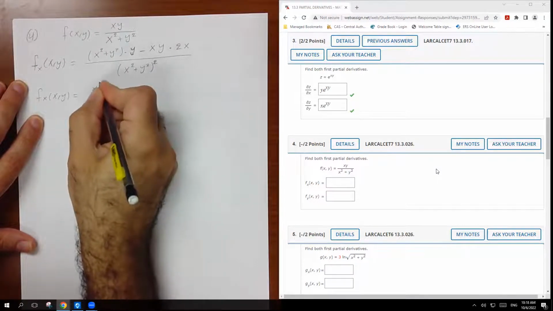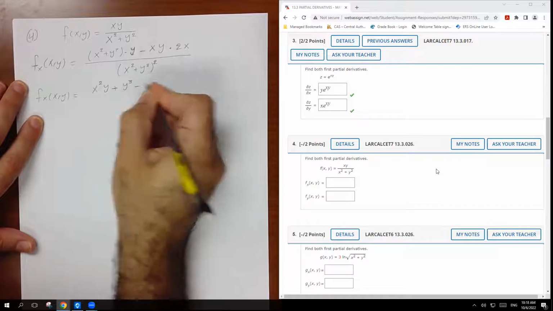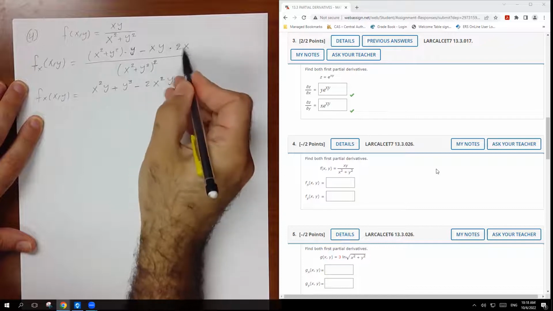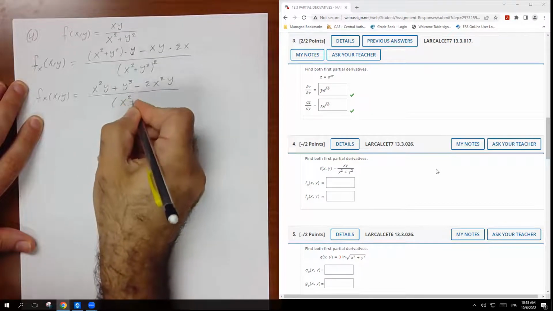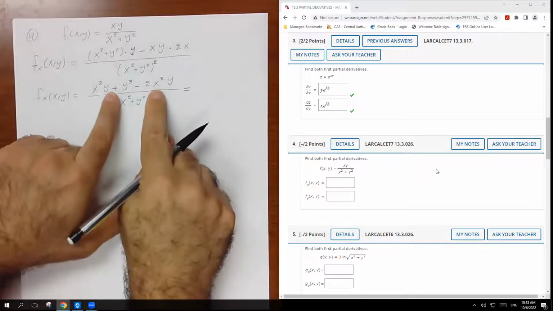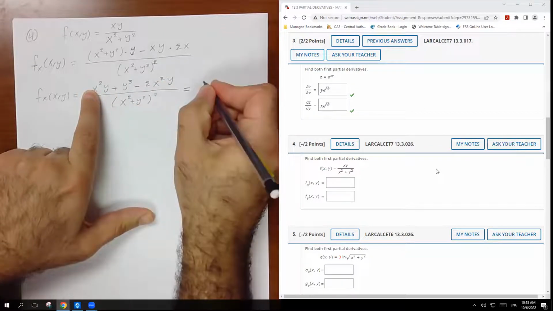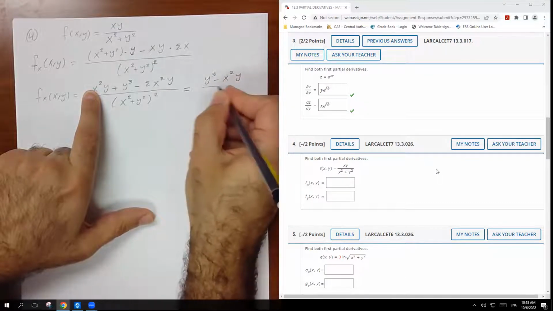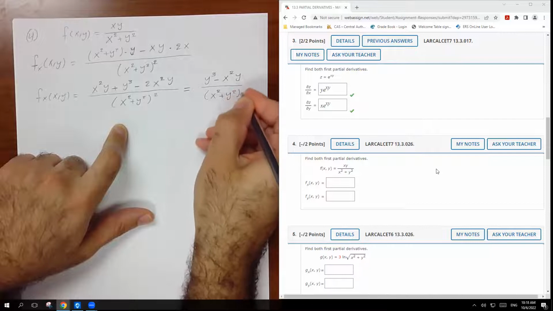So it's going to be x squared y plus y cubed minus 2x squared y, and everything is divided by (x squared plus y squared) squared. Now we have like terms, x squared y and 2x squared y. So 1 minus 2 means it's going to be y cubed minus x squared y, and everything is divided by (x squared plus y squared) squared.